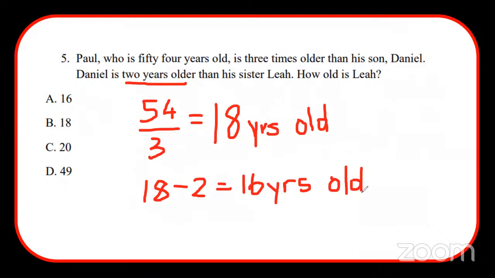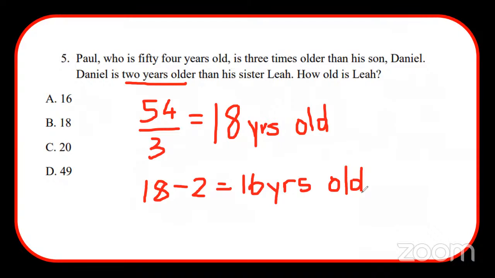We first need to see if Paul is 54 and is 3 times older than his son Daniel. We need to divide that 54 by 3 to see how old Daniel is. And then it said that Daniel is 2 years older than his sister Leah. That means Leah is 2 years younger than her brother Daniel.